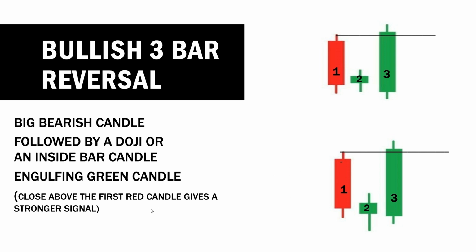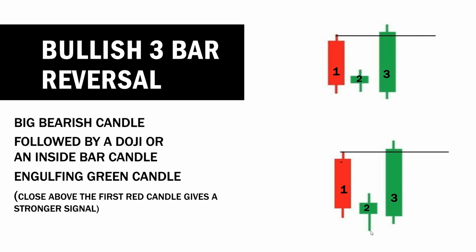And take note, a close within the first red candle gives a higher signal or confirmation, because there are instances where price is going to move below the first candle and then close below it. The probability is lower in those instances because there is a chance that the price is just going to continue to move down.